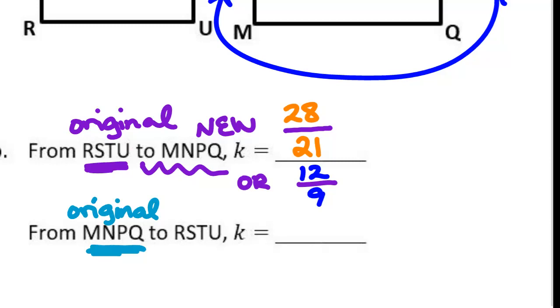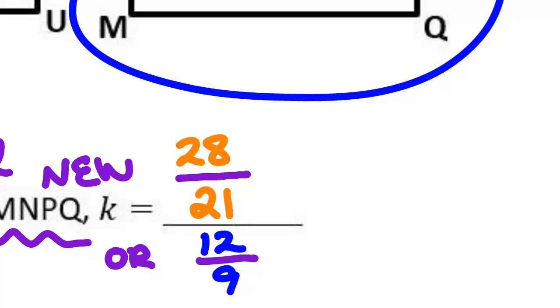Is 28 over 21 in simplest form, or can something go into both of those? What goes into 21 and 28? I know 3 goes into 21, but 3 doesn't go into 28. What'd you say? 7. 7 goes into both of these.